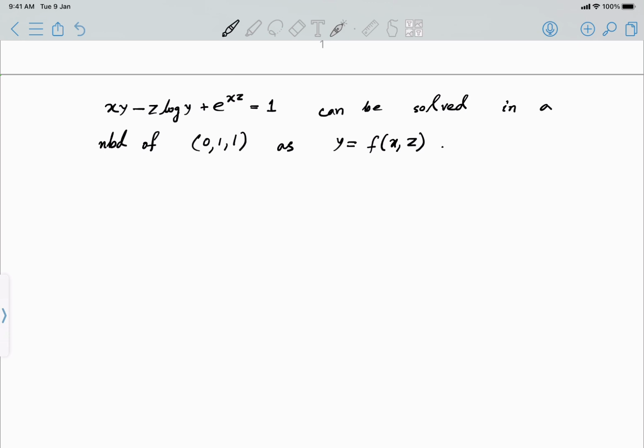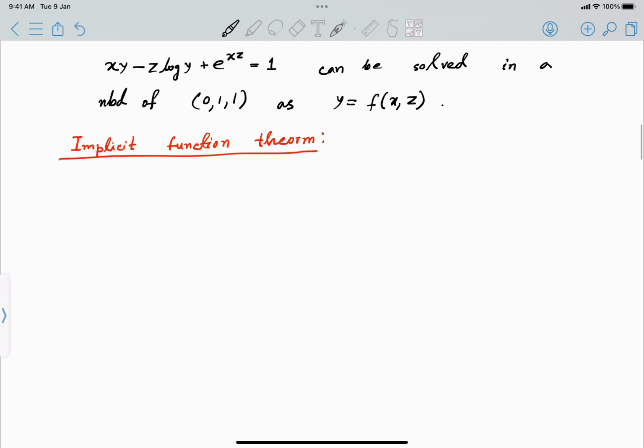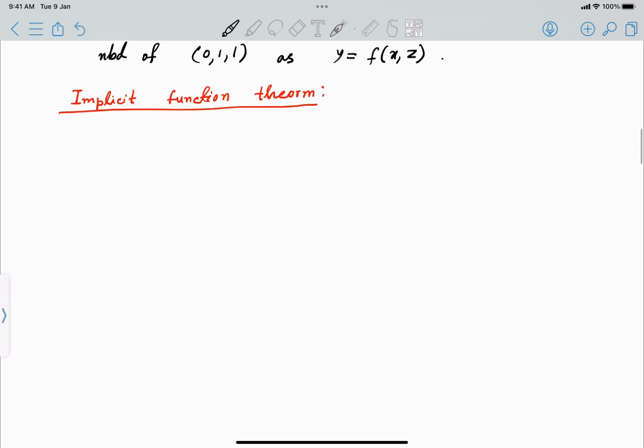So let me write the implicit function theorem. I am writing it in general.